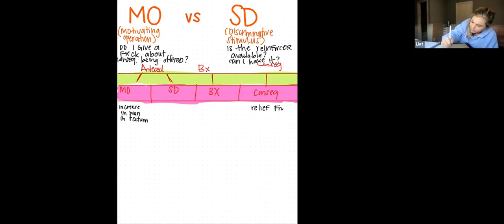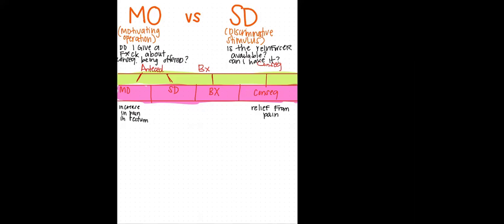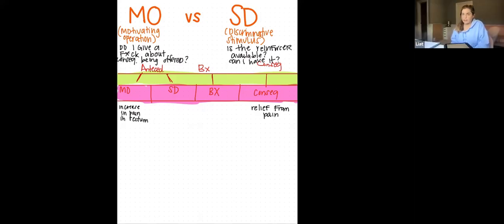Relief from pain. So the MO is what is going to change the value of that potential consequence. Based on the fact that you have a lot of pain in your butthole, is that consequence of relief from pain going to be valuable? Hell yeah. Until you've had it. And I'm sure anyone who admitted in the chat that they've had it understands how valuable that relief is.